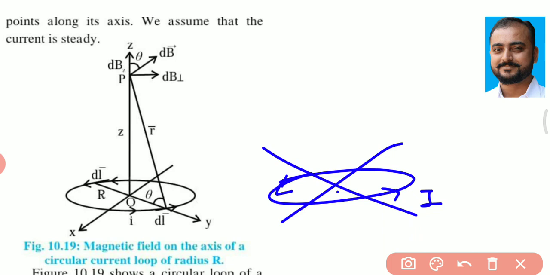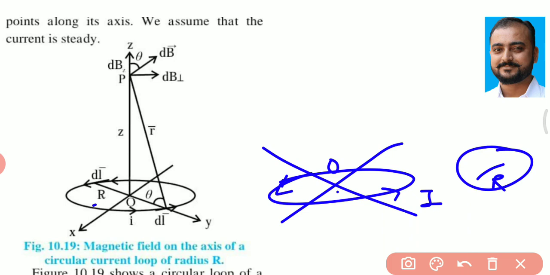Let O be the center. Let theta be the angle. Just a minute, I will explain about the theta. Let I be the current flowing here, and this is the xy plane. Now, the circular loop has radius capital R. What is the radius here? It is capital R for this circular loop. Capital R be the radius of the circular loop.